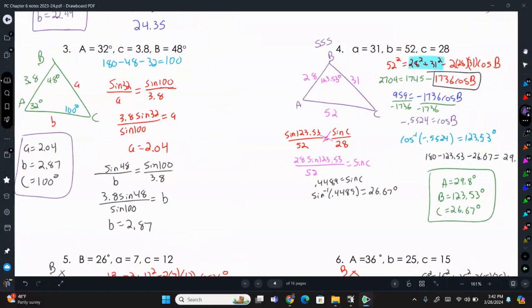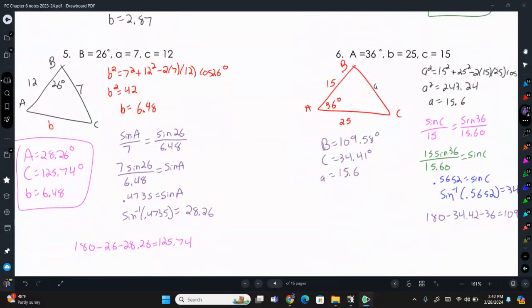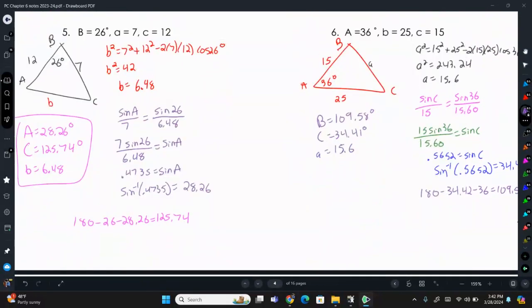You're always given three pieces of information, and then you have to figure out which method to use. So that's number 3. And then here's numbers 5 and 6. So you can see your answers for that one. 5 and 6 were very similar.